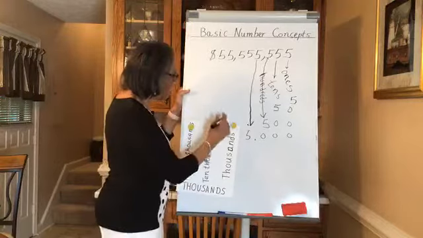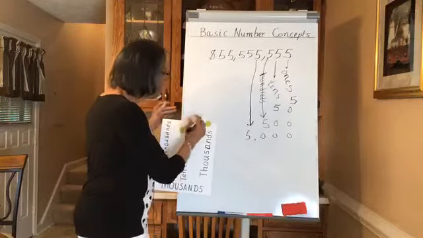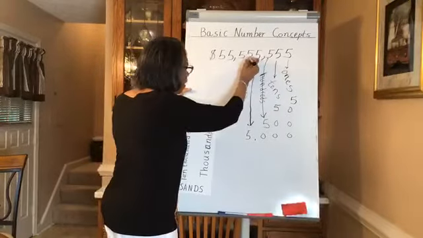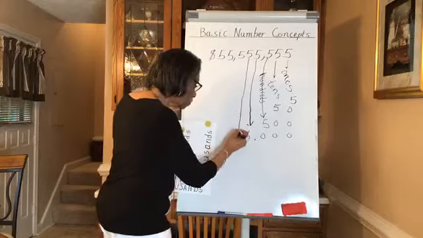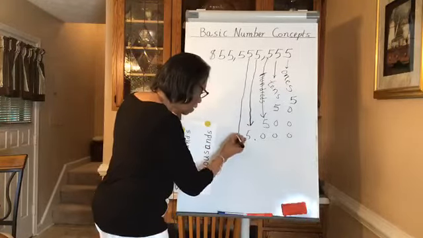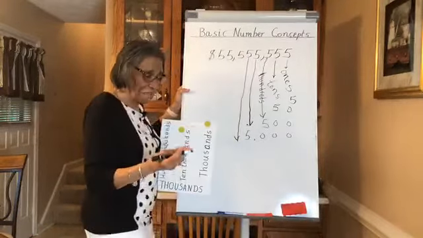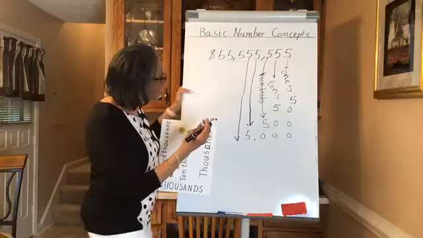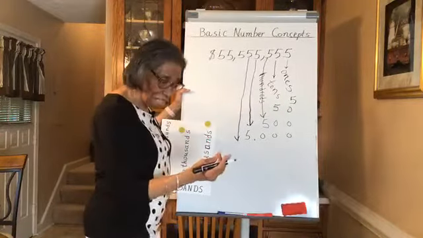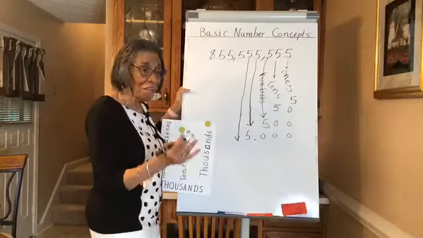The next member of the thousands family is the 10,000s. So we have 5 10,000s. We say 10,000, 20,000, 30,000, 40,000, 50,000.